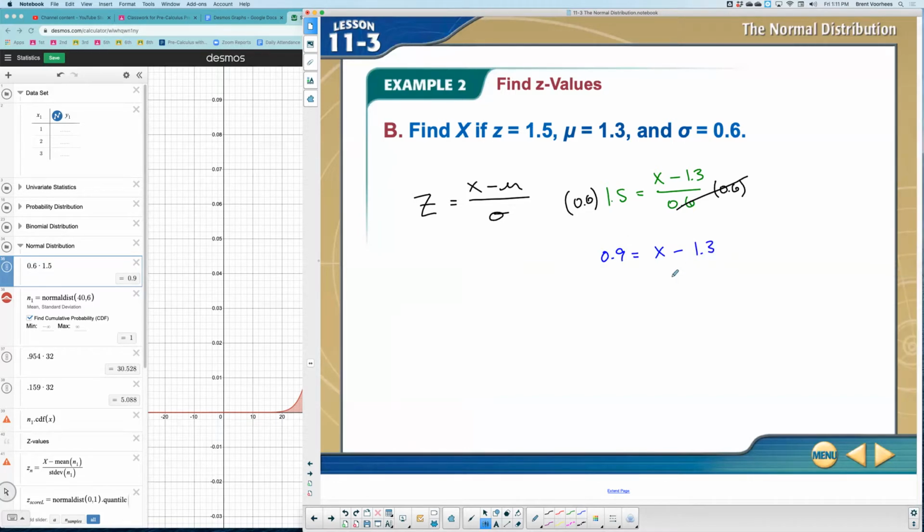When I add the mean, I will have my random variable isolated and won't be so random anymore. When I add these together, 2.2 is equal to x. And that would be my value. So this is saying if the mean was 1.3 and we had a standard deviation of 0.6, this value would be to the right of it, so it would be greater. And that's why we got 2.2. It's to the right. It's greater than 1.3.